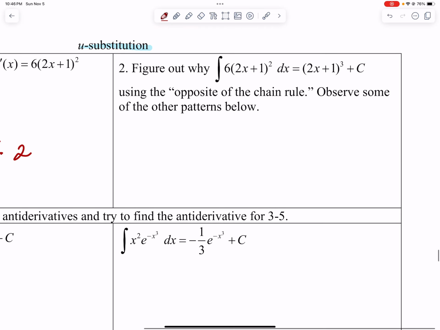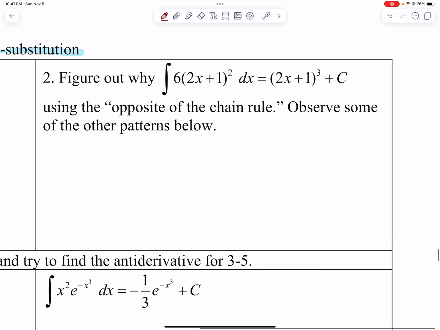All right, so here's the problem with number 2. I can't really integrate this right here because I don't have any methods for integrating (2x + 1) squared, because this is basically a composition. However, I could probably integrate something like this where we substitute 2x + 1 as u.